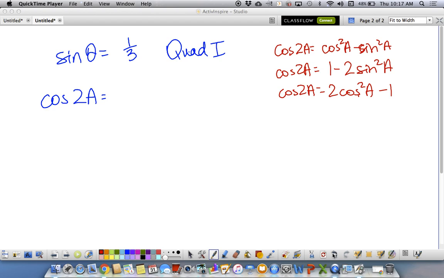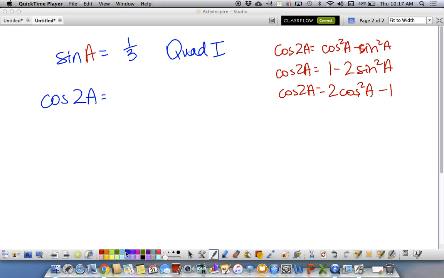So, does A equal 1/3? No. What equals 1/3? Sine A. Is it bothering you that I put a theta and an A? Yes, it was bothering me because I was confused about why you had 2 different things.